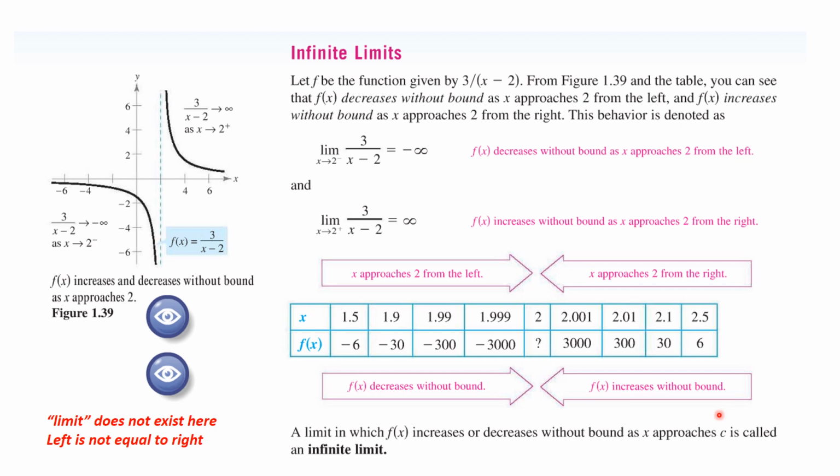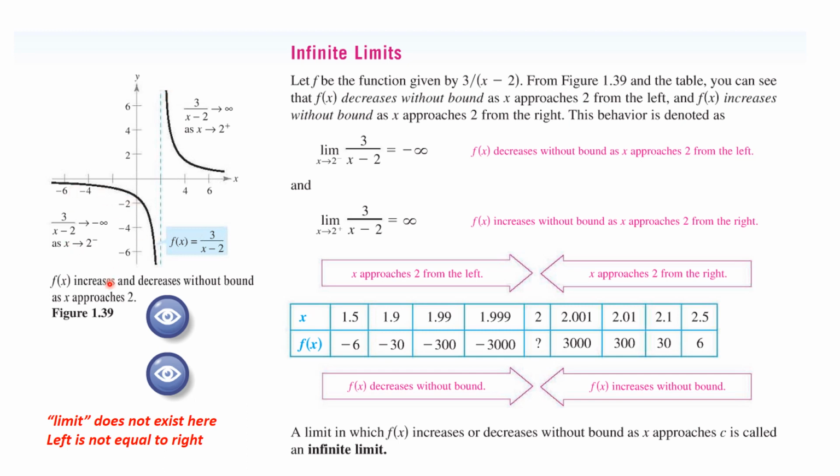So let's begin, and we're going to consider the function given by 3 over x minus 2. Well, if we approach 2 from the right, we see that as we get closer and closer to 2, this goes off to infinity. It increases without bound. You can see this with the numbers here.